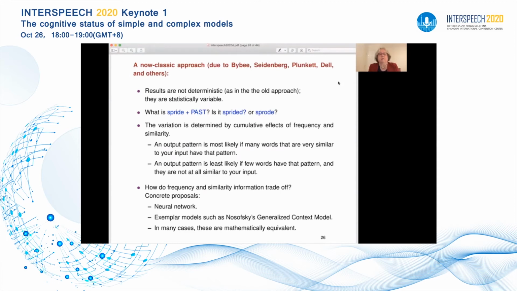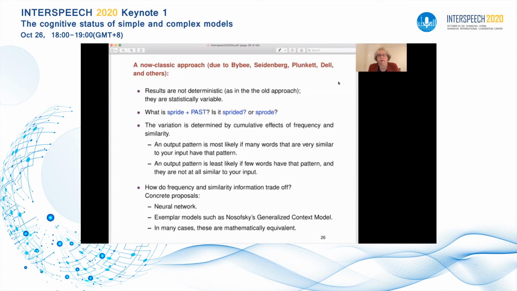And the variation is determined by cumulative effects of frequency and similarity. So an output pattern is most likely if many words that are very similar to your input have that pattern. It's least likely if few words have that pattern and they're not at all similar to your input. But how do frequency and similarity trade off?